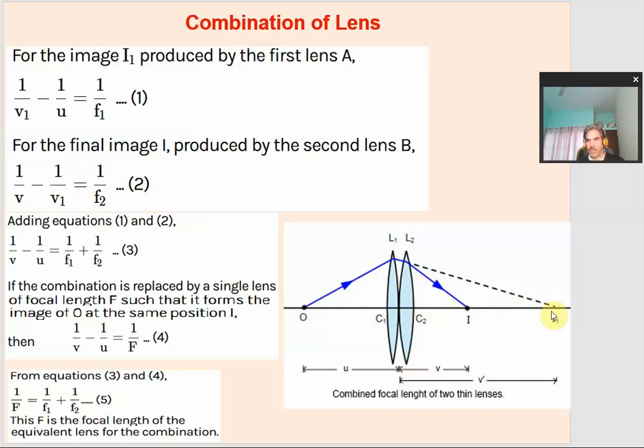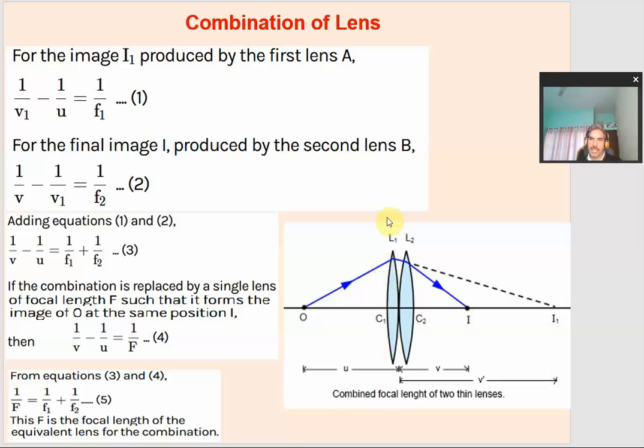Okay, so these two lenses will now behave as a single lens whose focal length is given by, for example, this F, capital F or even a small f, right? So we see that for this combination of the lenses, the object is placed at distance U and the image is formed at distance V, and the combination of the lenses produces one single lens whose focal length, let us take it to be F. So we can write the lens equation for this combination together, right?